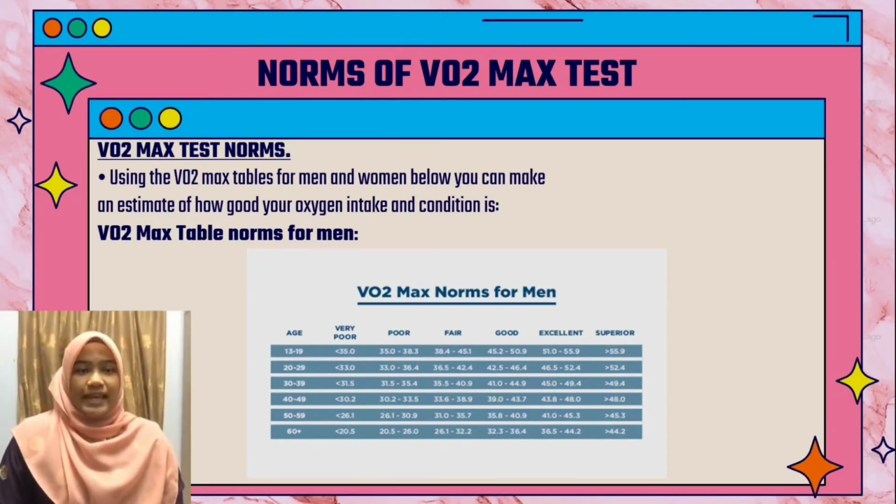VO2 max can be calculated directly through a machine in units of ml of oxygen per kilogram of body weight per minute, or ml per kilo per minute. As you can see in the slide, the average sedentary male will achieve a VO2 max of approximately 35 to 40 milliliters per kilogram per minute.